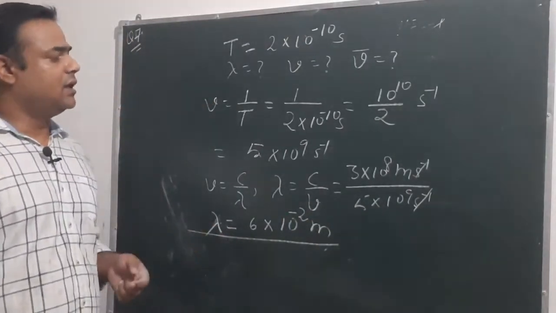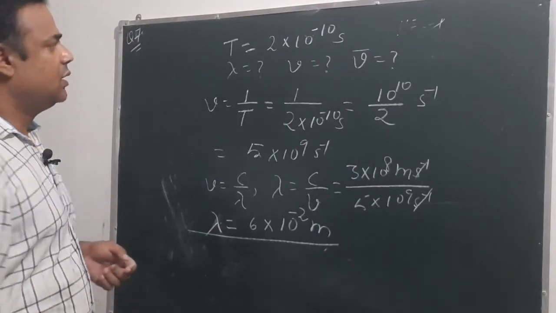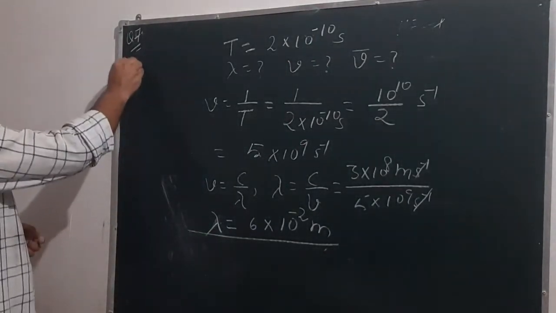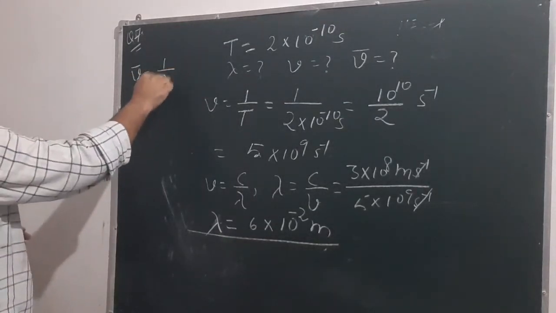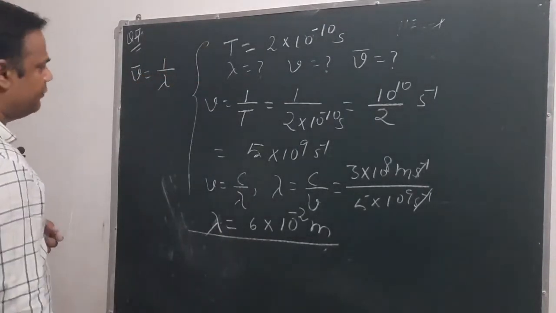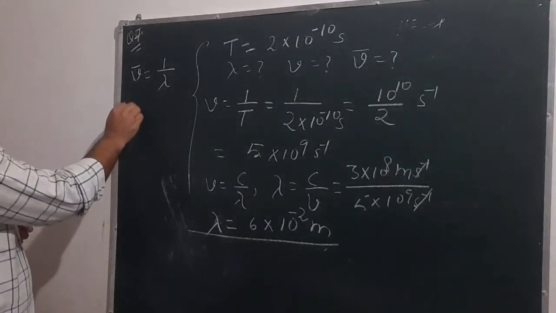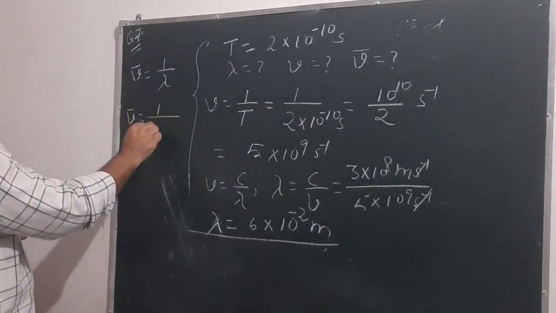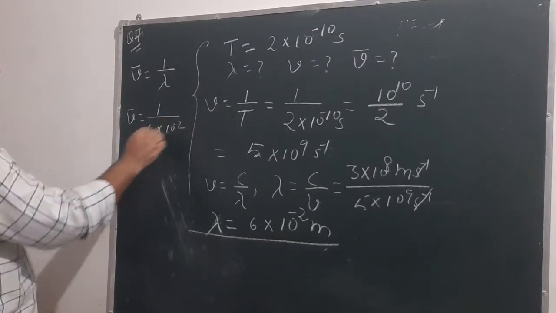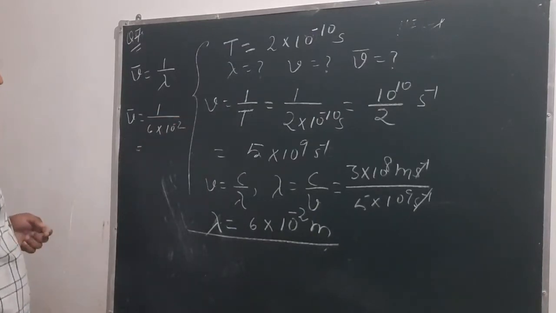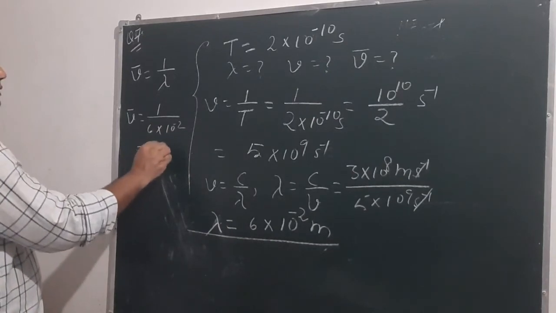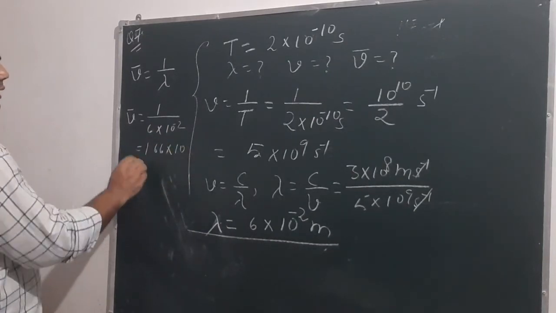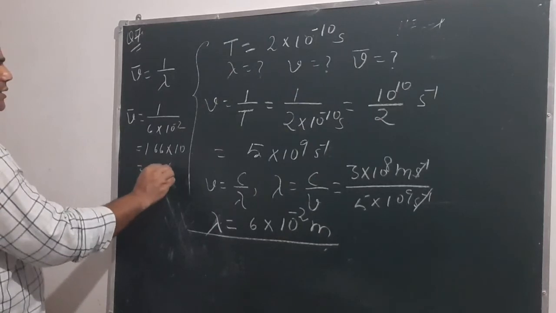This is wavelength. Now we have to calculate wave number. We know that wave number is indicated by nu bar. So nu bar will be equal to 1 upon lambda, and the value of lambda we have determined, and which is 1 divided by 6 into 10 to the power minus 2, and this will be 1.66 into 10, and this will be around 16.6 meter inverse.